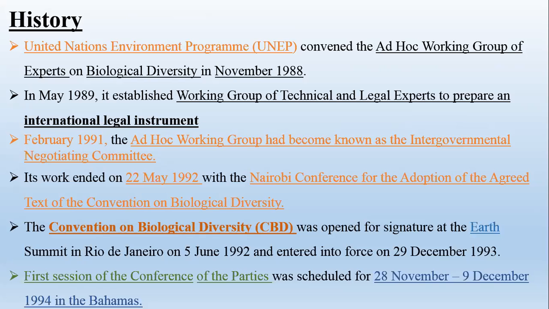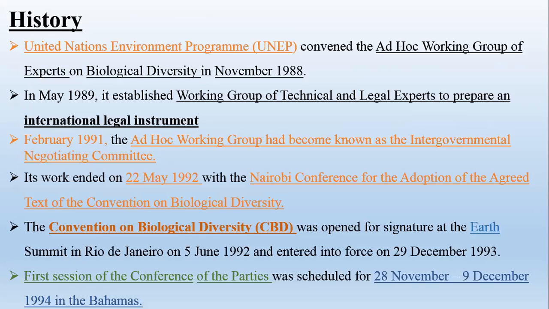Then the Convention on Biological Diversity was opened for signature at the Earth Summit in Rio de Janeiro on 5th June 1992 and entered into force on 29th December 1993.